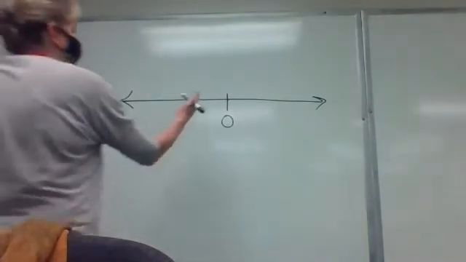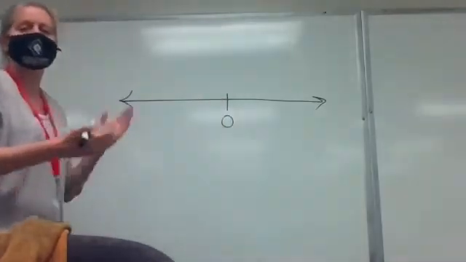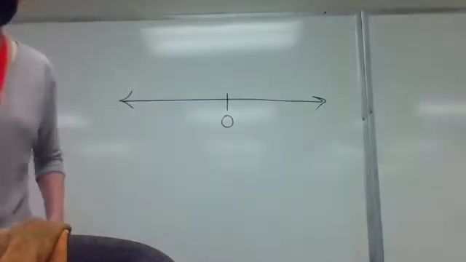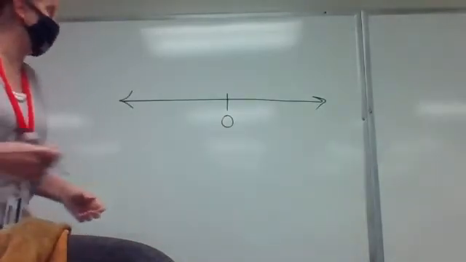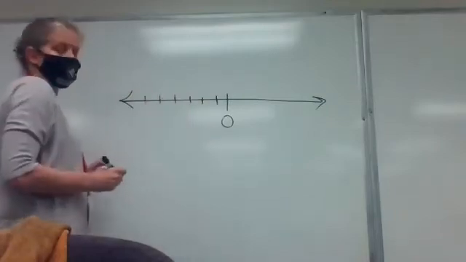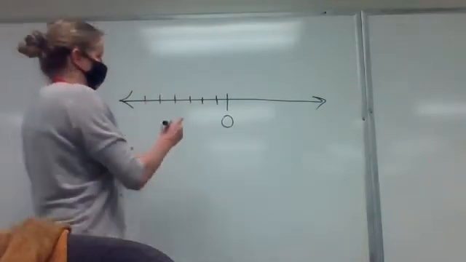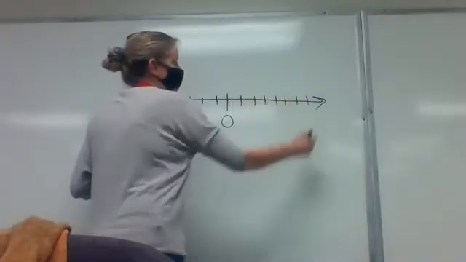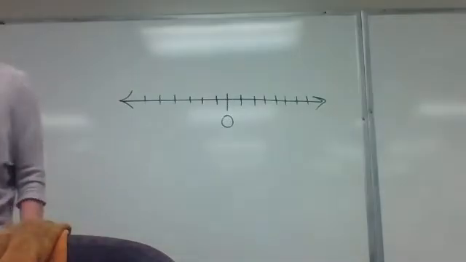All the numbers on the left side of 0 are below 0 or negative, right? That's what it means to be below 0. That means you're a negative number. So all of these numbers here would be going negative. The numbers to the right of the 0 are your positive numbers.